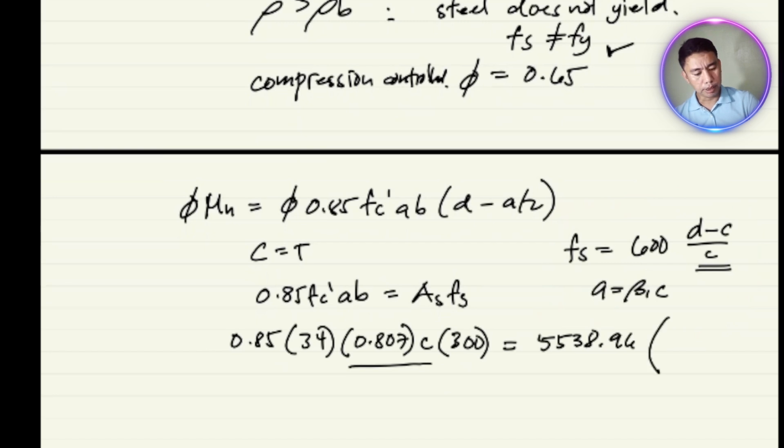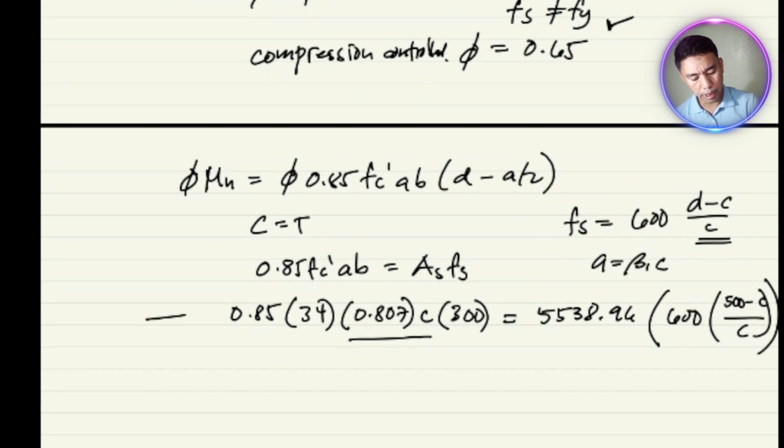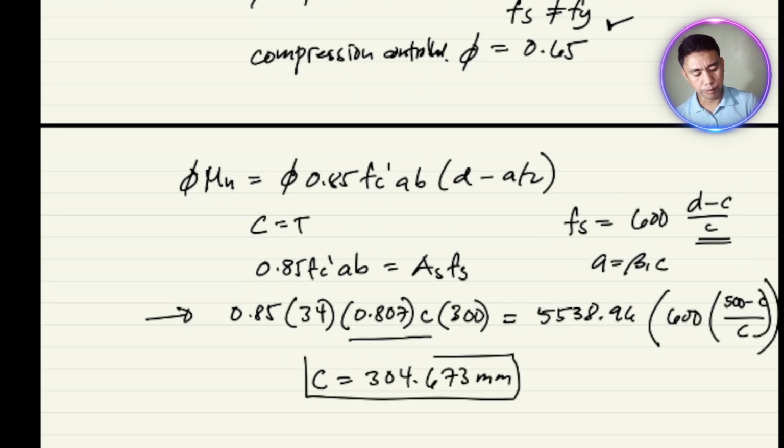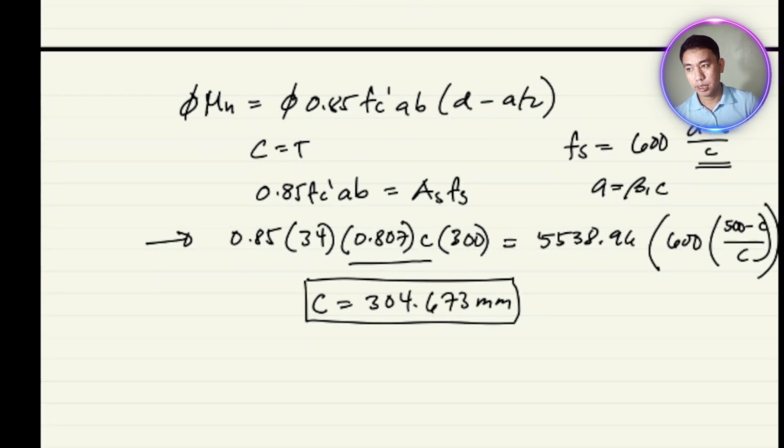Okay, and then fs, yung fs natin is 600 times d, ang d natin is 500 minus c over c. Yan. Then we'll solve for c. Okay, using your calculator, we can solve that c. I'll jump directly to the values, 304.673 mm. Okay, so that's our c.